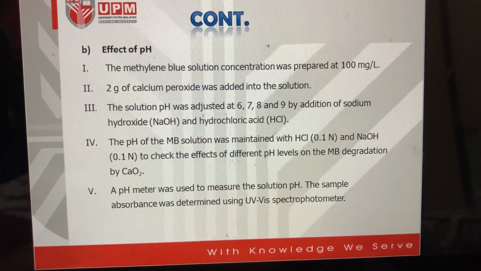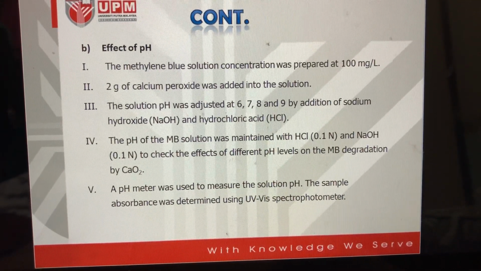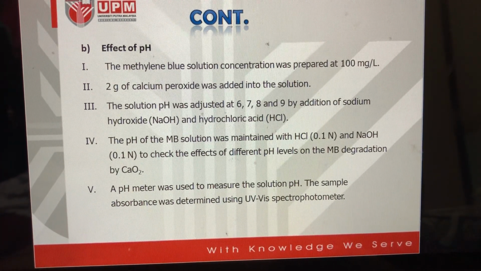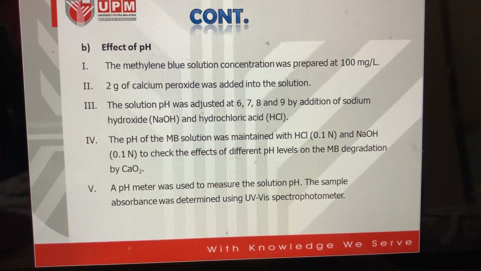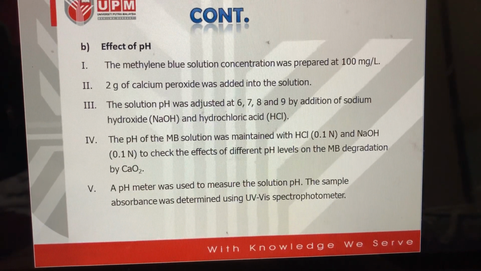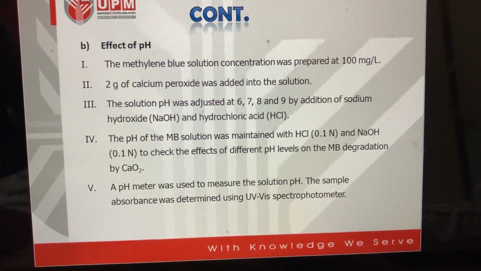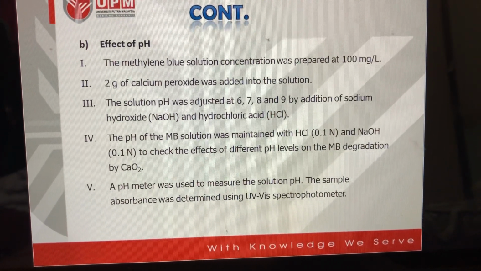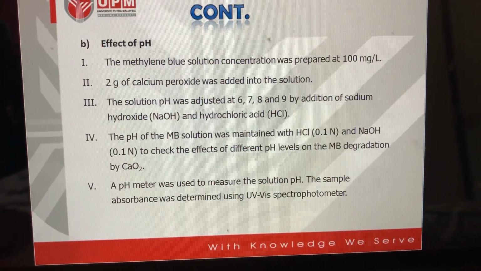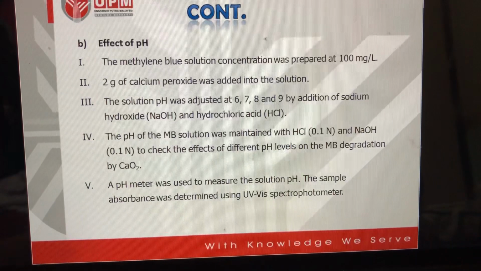The next parameter is the effect of pH. The first step is that the methylene blue solution was prepared at a concentration of 100 milligram per liter, and then 2 gram of calcium peroxide was added into the solution. The solution pH was adjusted to 6, 7, 8 and 9 by addition of sodium hydroxide and hydrochloric acid.